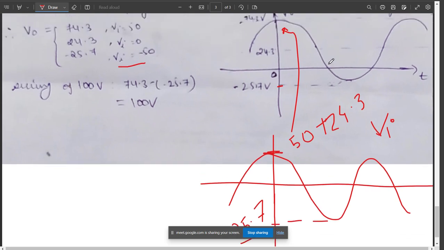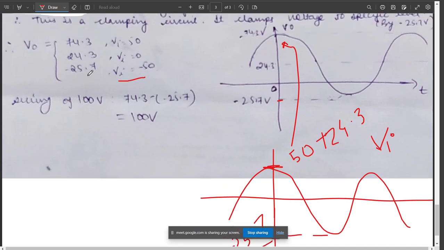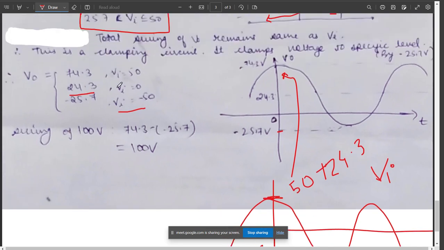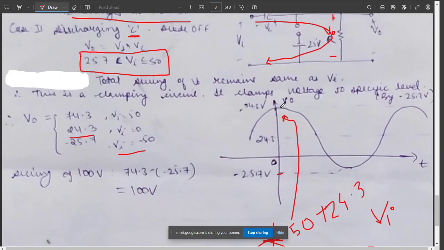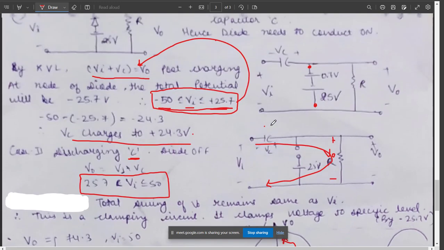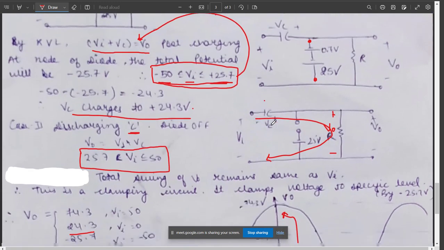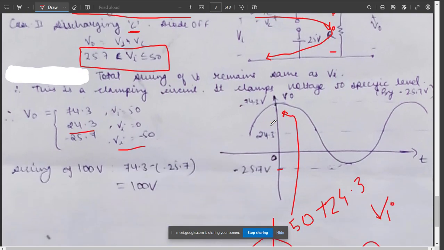And when VI is equal to 0, then our VO is plus 24.3. So overall you understood that the curve is the same, but it has shifted by 24.3 volts. How 24.3 volts? That is 50 minus 25.7 volts. So that is how we got 24.3 volts, and that is how it got shifted.